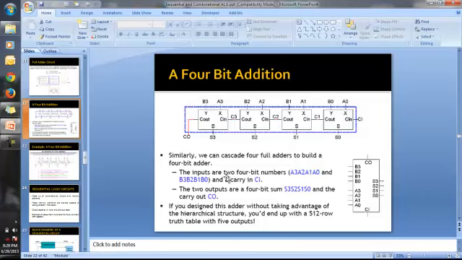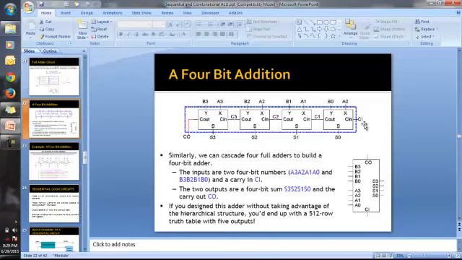I am taking the value of A in 4-bit form, that is A0, A1, A2, A3, and similarly B0, B1, B2 and B3. At the first stage I will have the carry C0 as 0, because initially we won't have any carry. So either we have the carry or not, we should have the value as 0 with A0 and B0, and we will perform addition there.